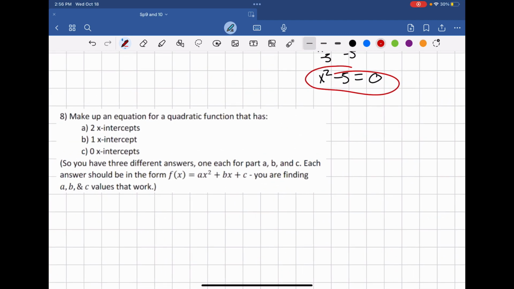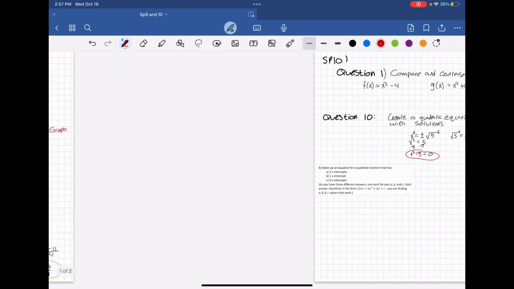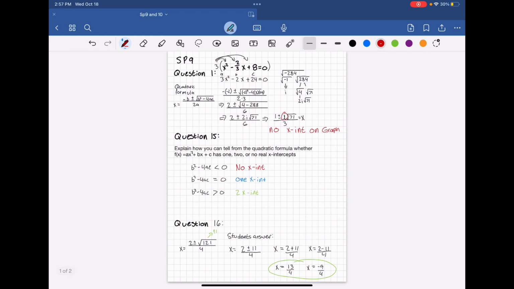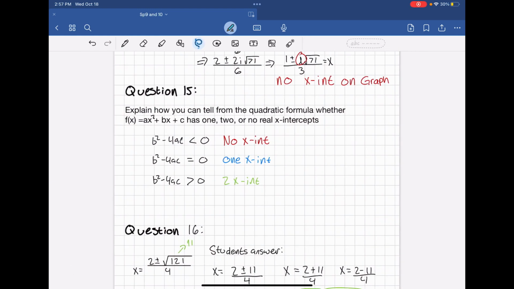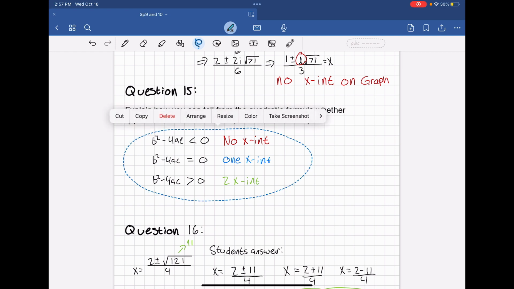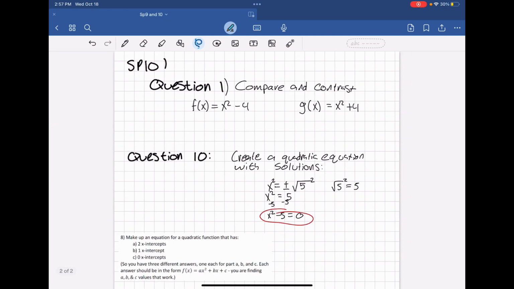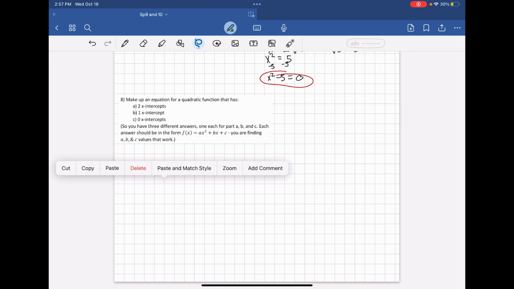Now we're going to make up an equation for a quadratic formula that has 2 x-intercepts, 1 x-intercept, and 0 x-intercepts. So you have 3 different answers, right? A, B, and C. Well, if y'all just watched the SP9 video, we know that I'm going to take this right over here, copy, paste.